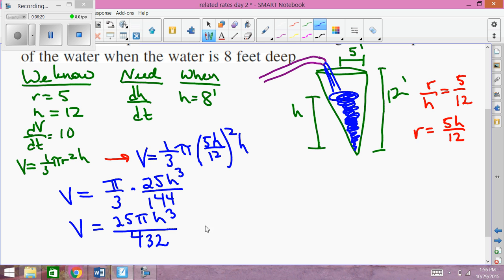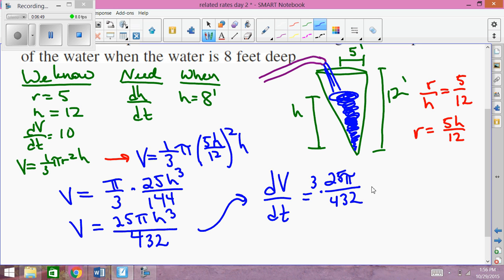Now we can take the derivative of this, and we get dV/dt equals 25 pi over 432 times 3 times h squared dh/dt.